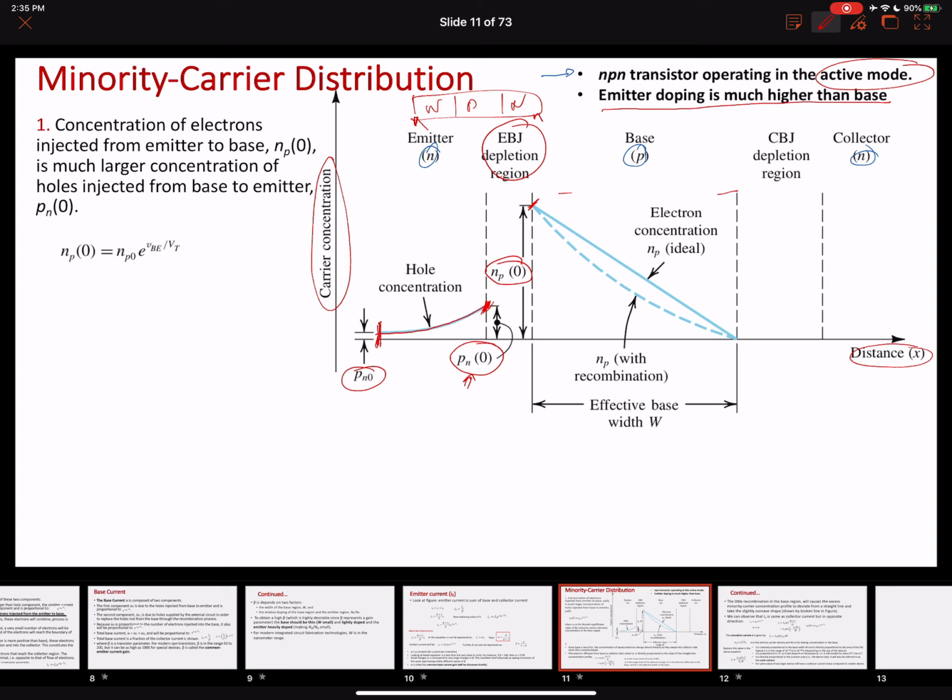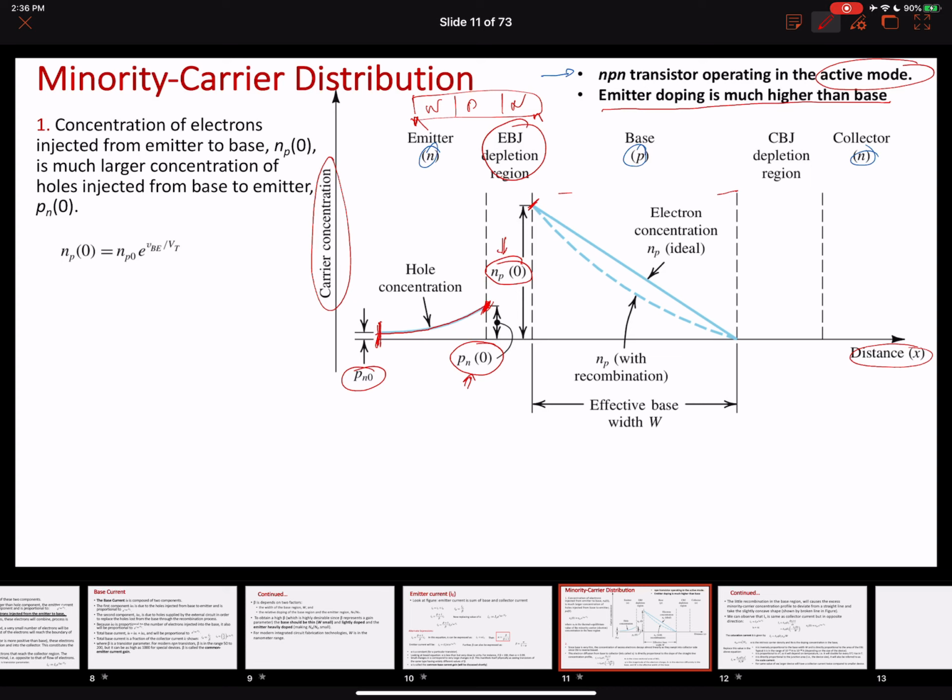And now looking at this concentration n_p, it is equal to the number of electrons that were injected from emitter to the base region.